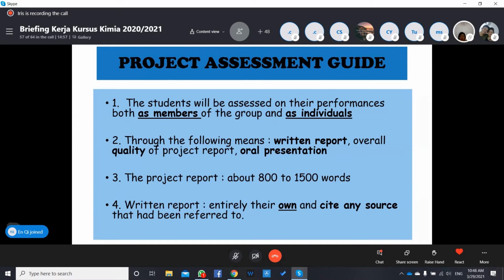Based on that, they can check how many percent you copied and pasted. So they will deduct your marks. In the school level, we don't have that software, but by looking at the writing, we can roughly know whether it's your own writing or you cut and paste.